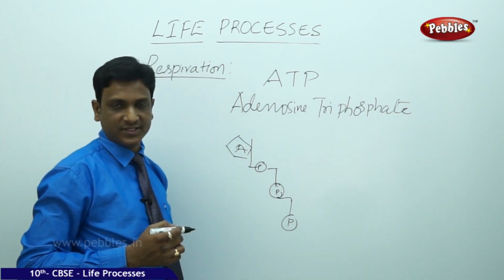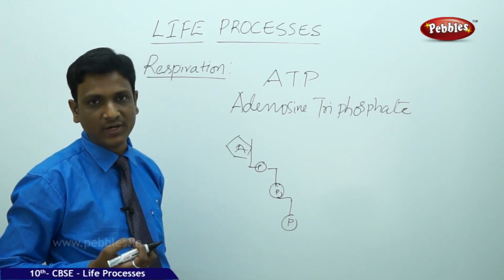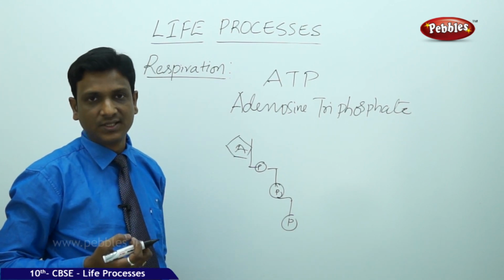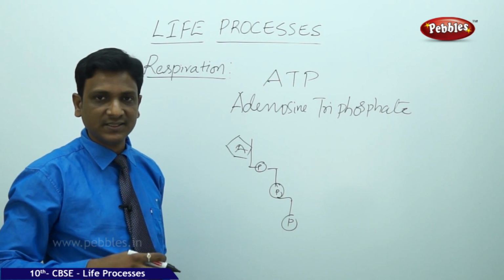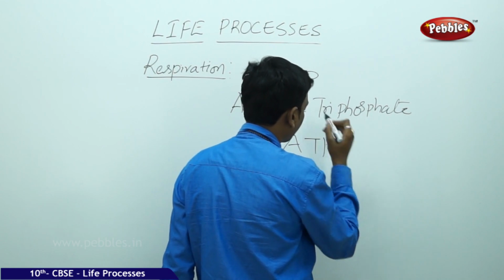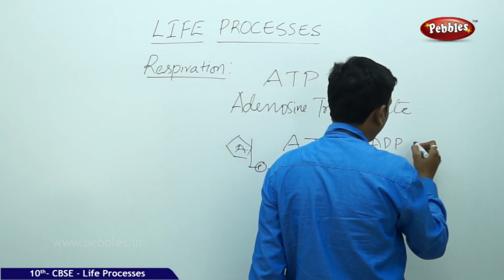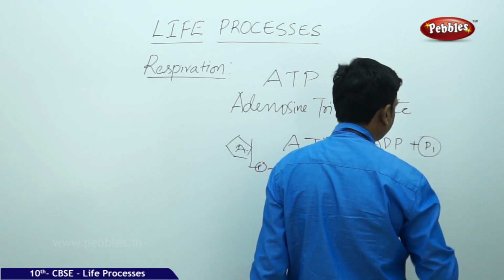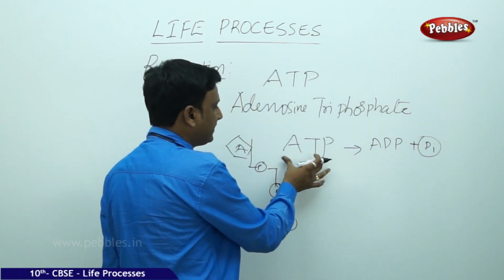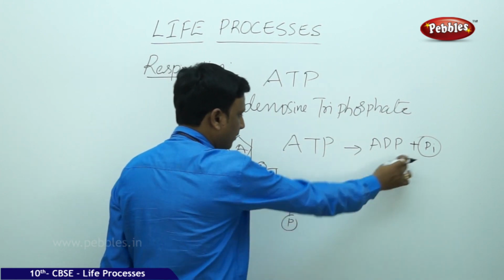Endothermic reactions are the reactions which absorb heat, which absorb energy. In endothermic reactions, the energy is absorbed by splitting this ATP into ADP, adenosine diphosphate, plus inorganic phosphate. So ATP is broken down to ADP and inorganic phosphate.